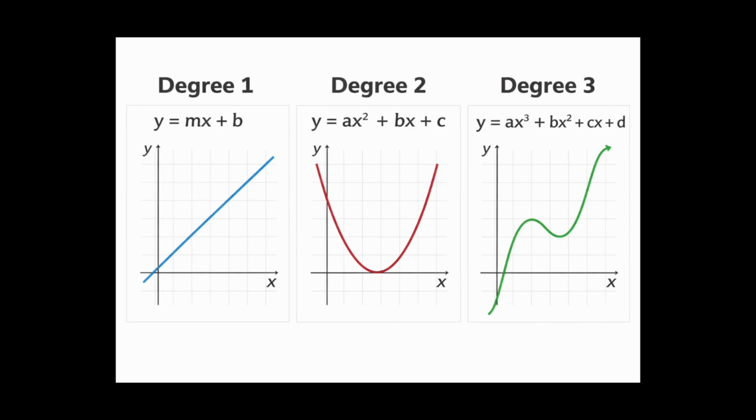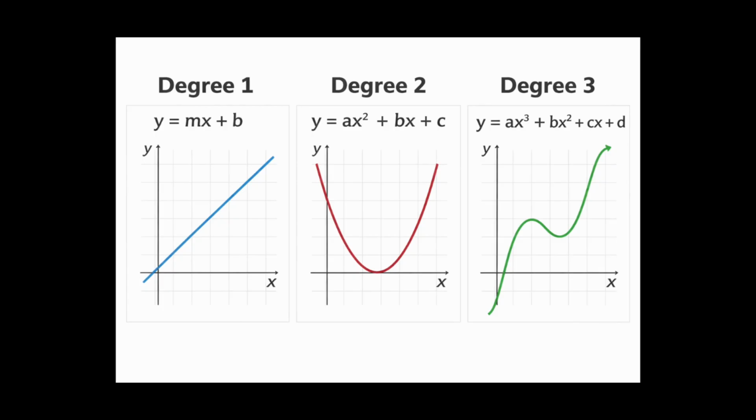Understanding polynomial graphs. Polynomials are mathematical expressions that involve variables raised to whole number powers. The degree of a polynomial is the highest power of the variable. It determines the shape of the graph. With degree 1, the polynomial is called a linear function. Its graph is a straight line.